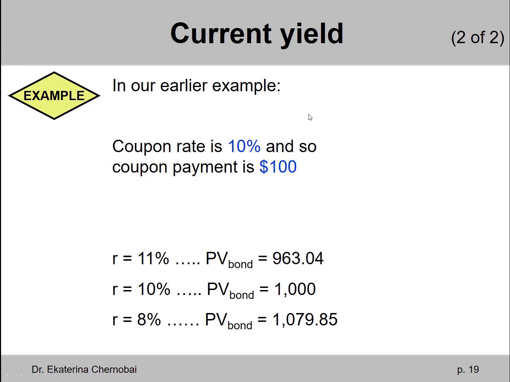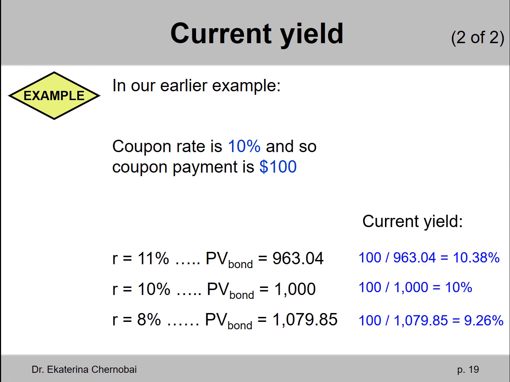In our previous examples, with the coupon rate of 10% that determines the coupon amount, $100, we varied the interest rate, the yield to maturity, from 11% to 10% and then to 8%, right? And we got 3 corresponding bond values.